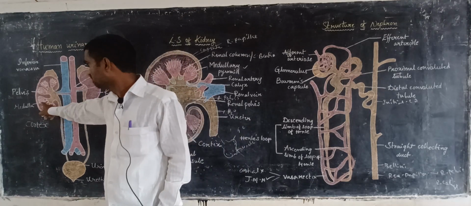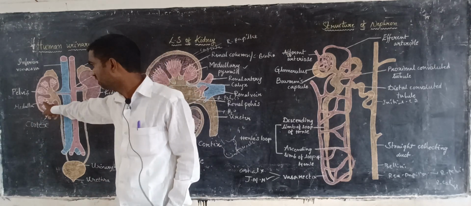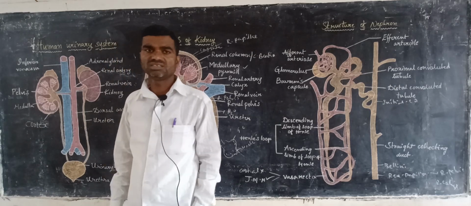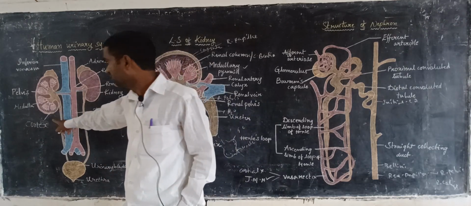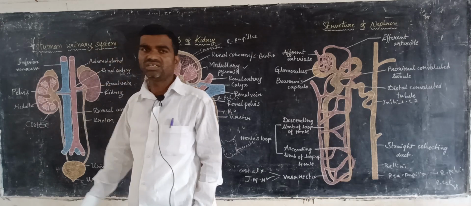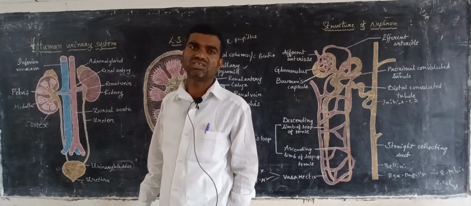The inner side is the medullary region, or medullary pyramid. The columns of Bertini are forming here, and the outermost cortex is protected by a delicate tissue called the capsule.